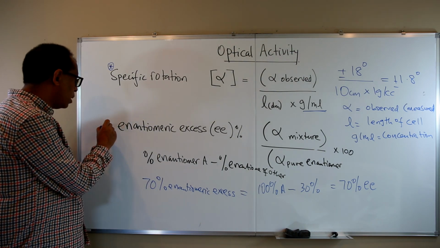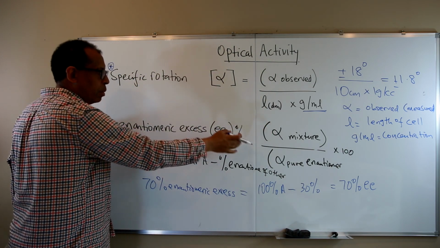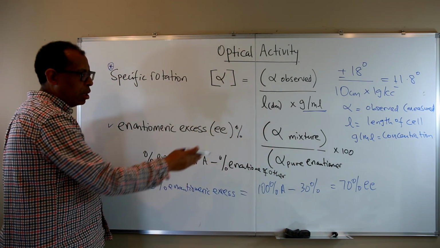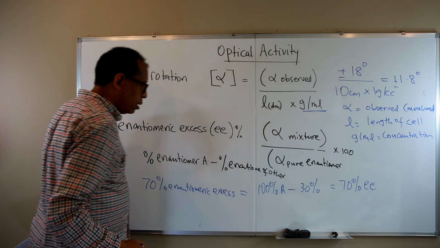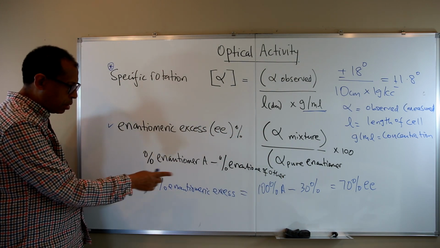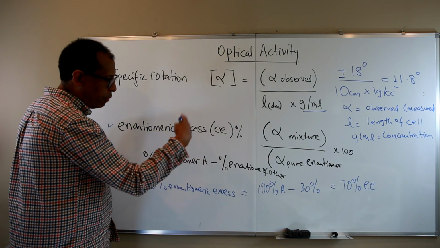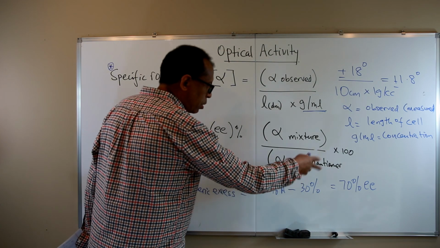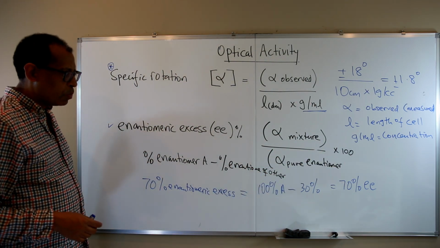So enantiomeric excess can be determined by the ratio of the mixture's alpha to the pure alpha times 100, or if you are just given the percentages, 100% of A minus 30% of the other enantiomer will give you 70%.